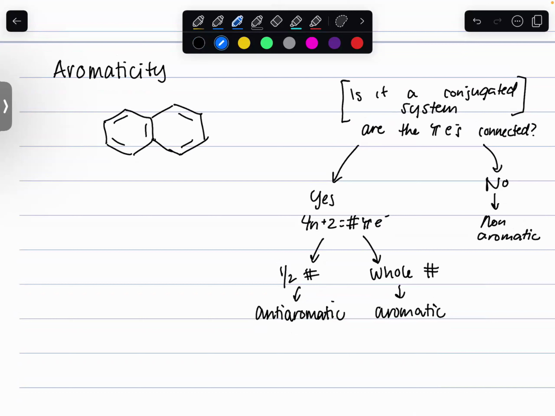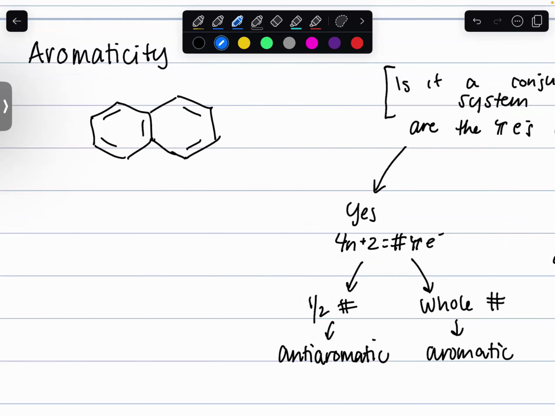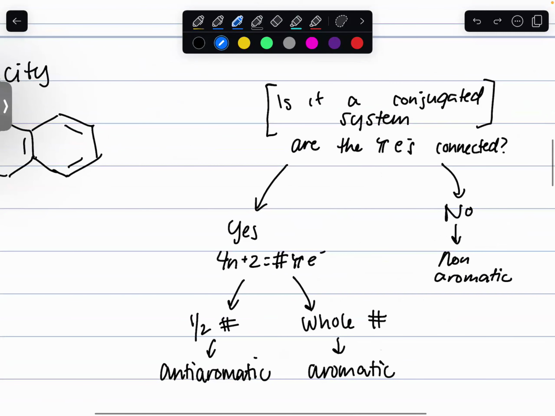In this system, are all the pi electrons conjugated? Why? Resonance. So it means that we can move this around and this around and this around, and they all can talk to each other. So we have a yes here.